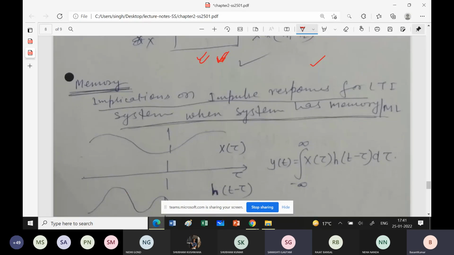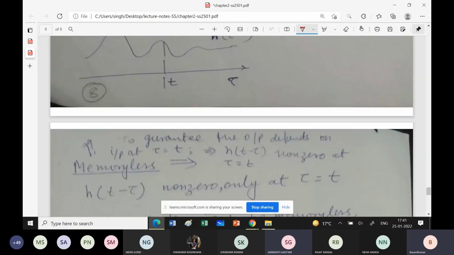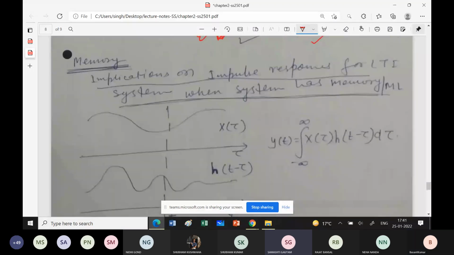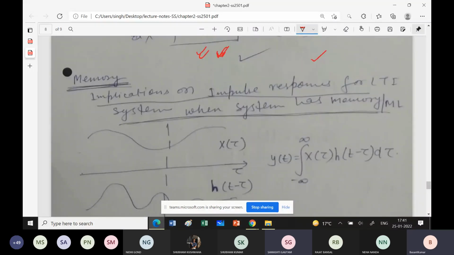उसके बाद, एलटीआई सिस्टम में मेमोरी है और विदाउट मेमोरी है, क्योंकि एलटीआई सिस्टम में भी विथ मेमोरी, विदाउट मेमोरी हो सकता है। So let us see what will happen with LTI system.